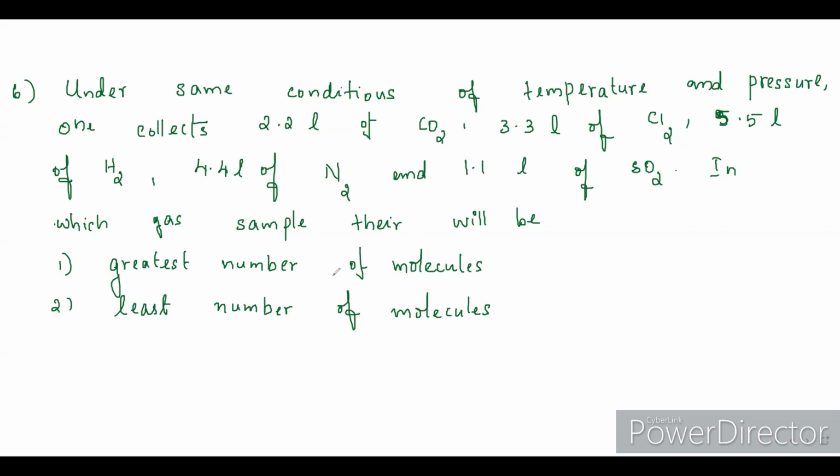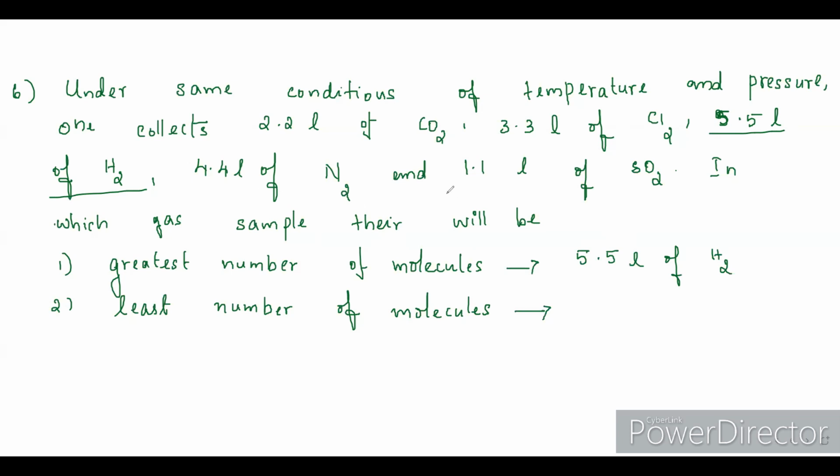Equal volume of all gases contains the same number of particles, which means the gas present in a higher volume will have the maximum number of particles. Which one has the maximum volume here? 5.5 liters of hydrogen. So your first answer is 5.5 liters of hydrogen, Avogadro's law.